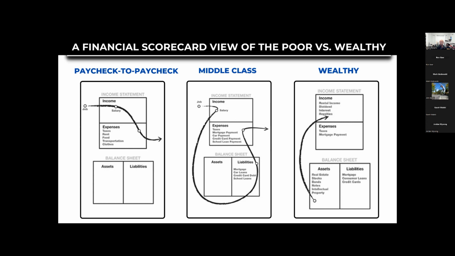Pretty self-explanatory. You've got the middle class where most of us sit, and similar to the paycheck to paycheck guy, they have the job, they have the salary, the income comes in one side of the bank account, but most of us have a home mortgage, car loans, some of us have credit card debt, school loans, things like that.